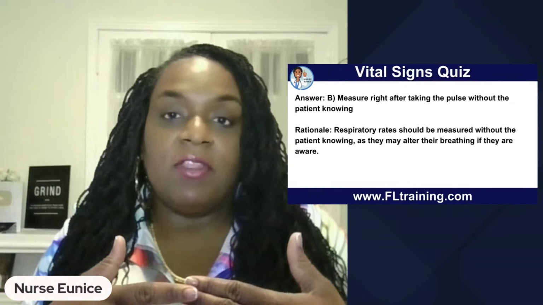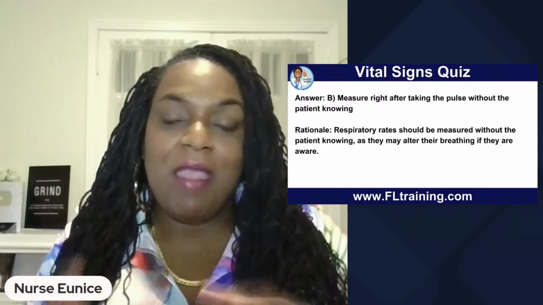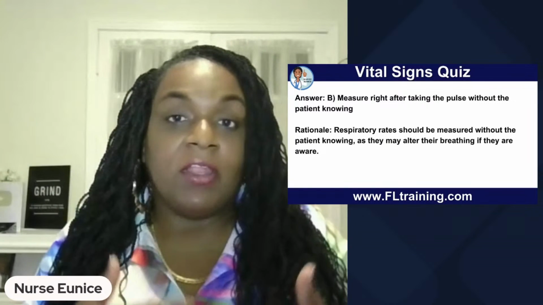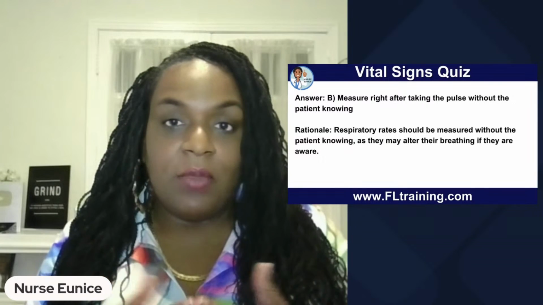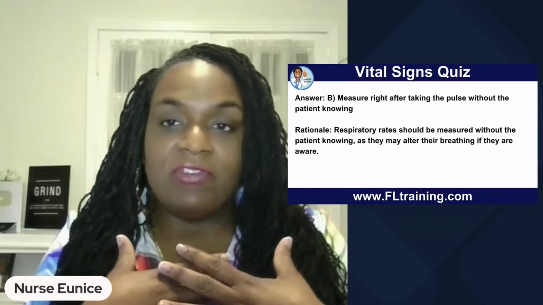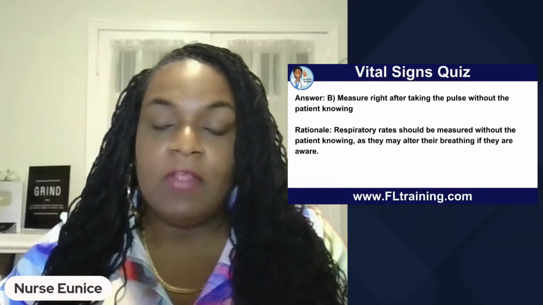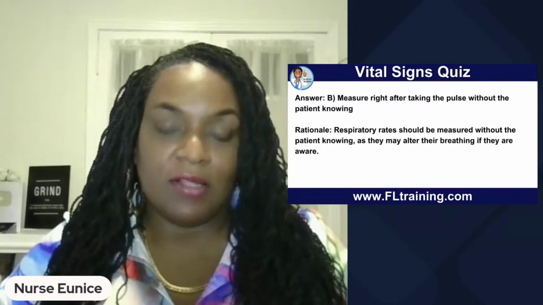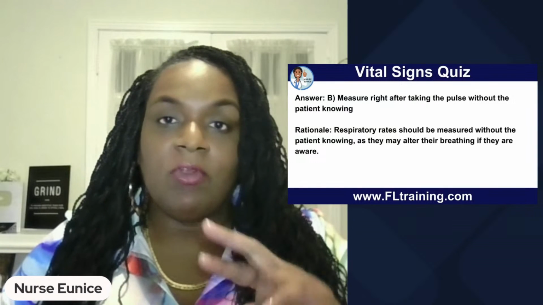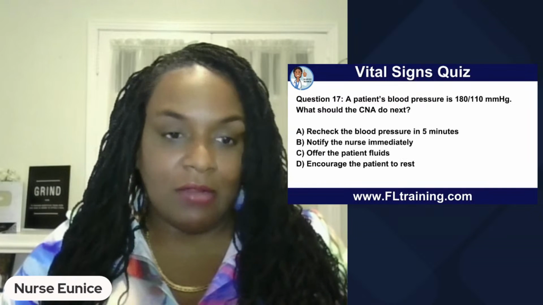Instead, you start counting the chest as it rises and falls. You want to count respirations. That way we never let the patient know that we switched from taking their pulse to now counting their breathing. Because if they know that we're counting their chest as it rises and falls, sometimes they will unconsciously control their breathing, which means that we would not get an accurate reading. So you do what's required for the state of Florida exam, or wherever state you're in, but then know that in the real world, we would do pulse and respirations together. We wouldn't leave the room and then come back and do the other vital sign.